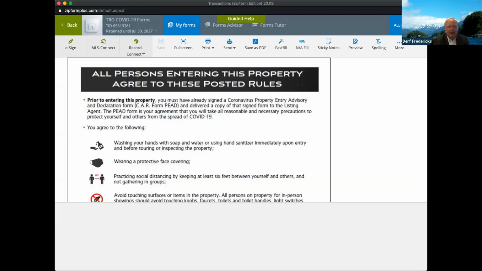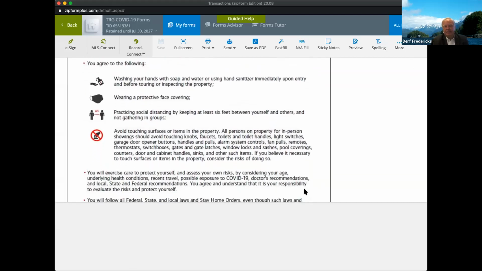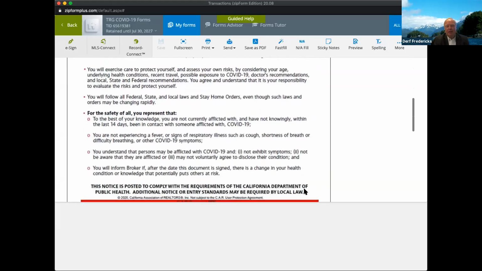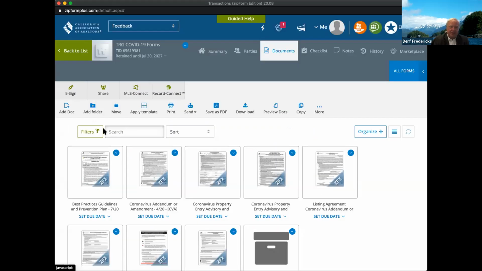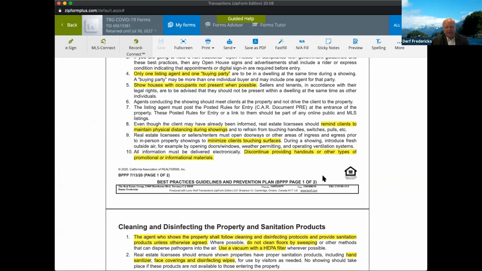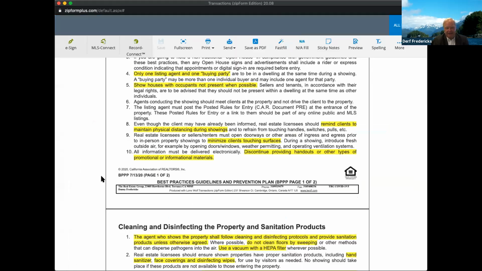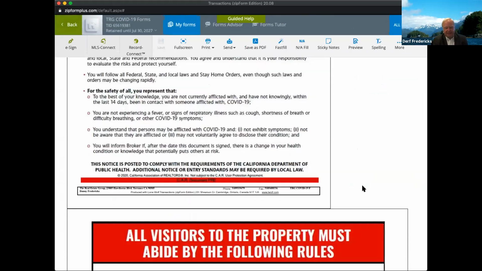Wash your hands, wear a mask, practice social distancing. So again, this is the listing agent's responsibility to post these 2 forms somewhere near the entrance of the property. Also, the agent is responsible at the very least to provide hand sanitizer, because that is part of that best practices.